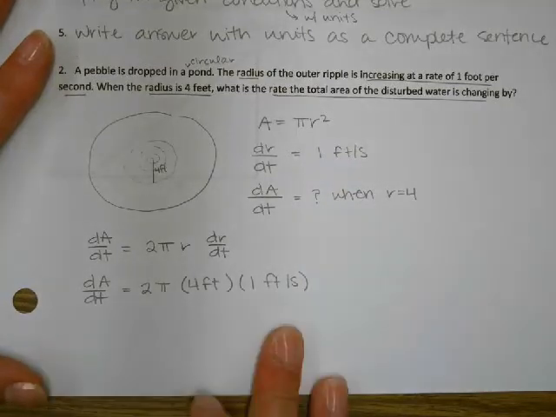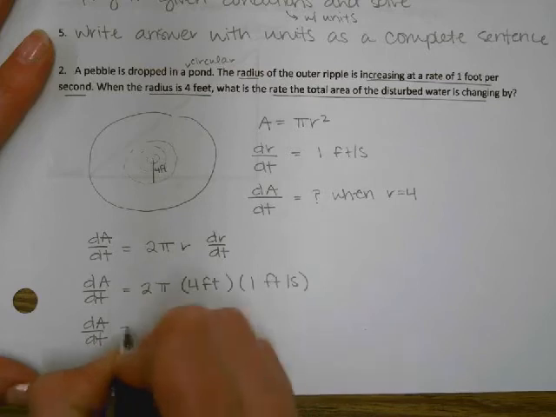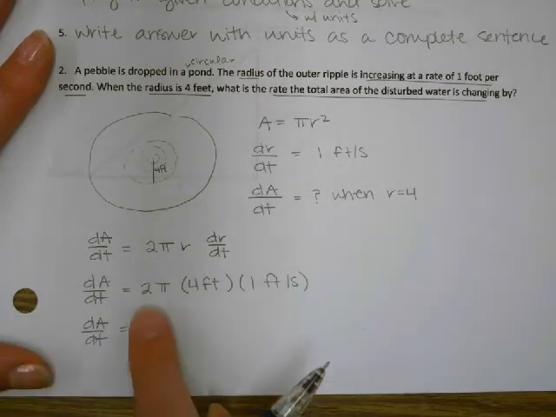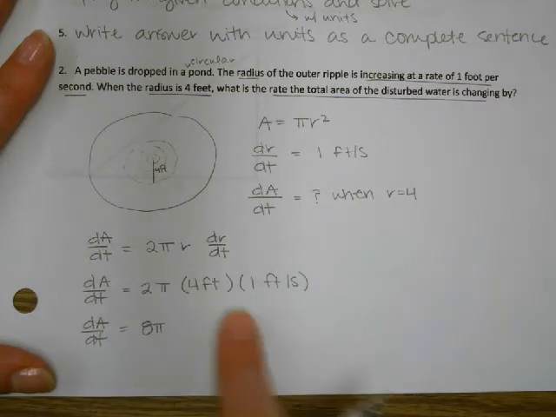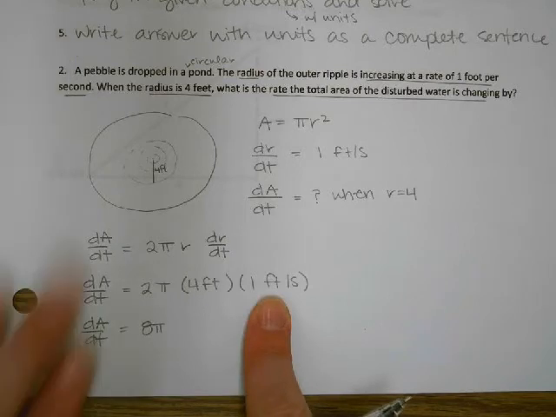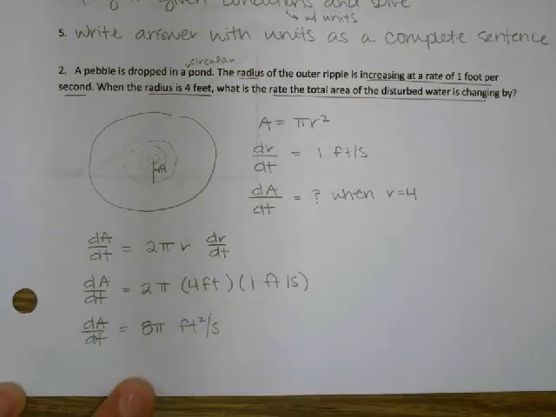So if I multiply all those things together, I'm going to see that the area with respect to time is changing. 2 times 4 times 1 is 8, and then I'm going to stick the pi on there. And feet multiplied by feet per second would be feet squared per second.